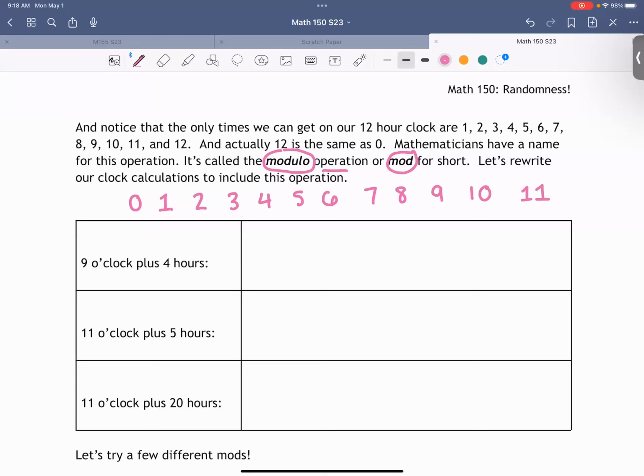Well, if I try to do 12 and do the subtracting 12 thing again, what's 12 minus 12? 0, right? So isn't 12 the same thing as 0, right? And then 13 is the same thing as 1. 14 is the same thing as 2. 15, 16, 17, 18, 19, 20.